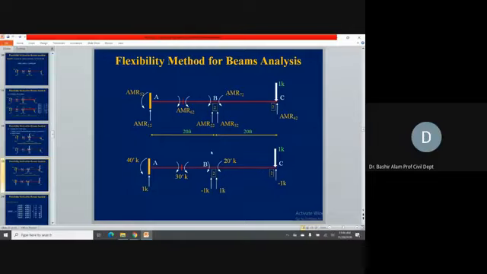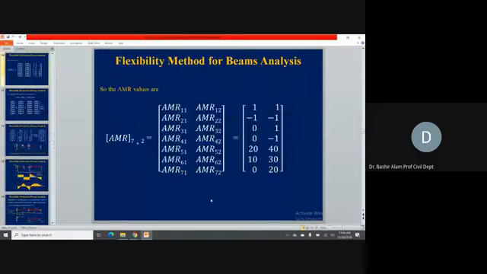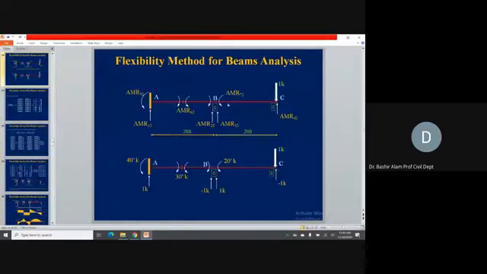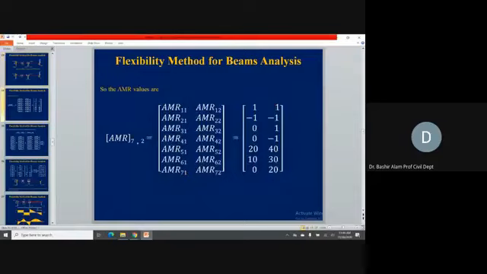Similarly 5,2, 6,2, and 7,2, you can see. And these values are recorded here. Let's verify AMR 7,2. If I go to the previous one, AMR 7,2 is in the same direction, so plus 20, and that is why this plus 20 is recorded here.